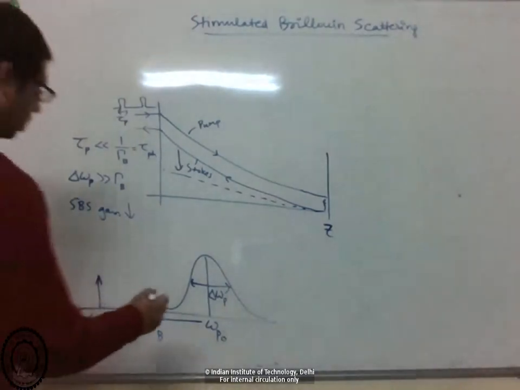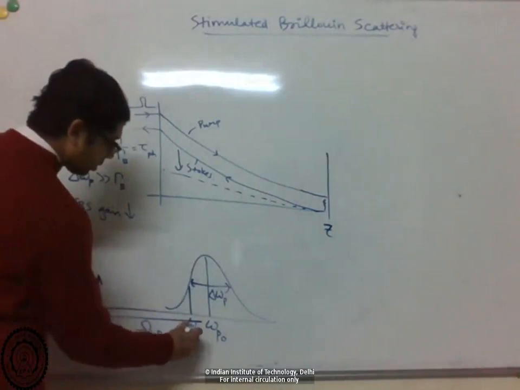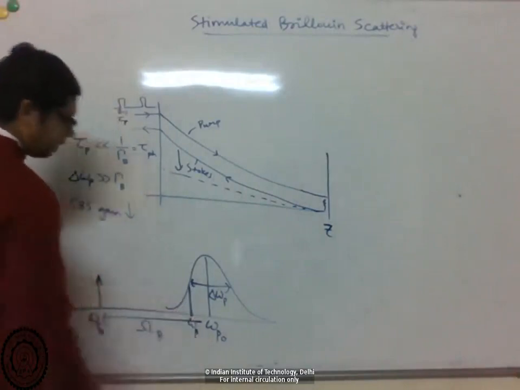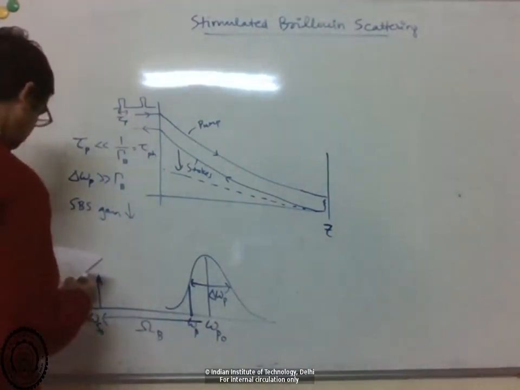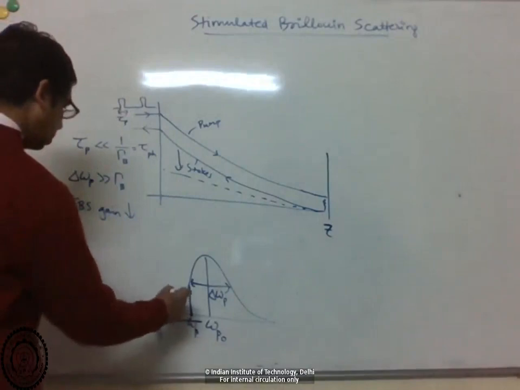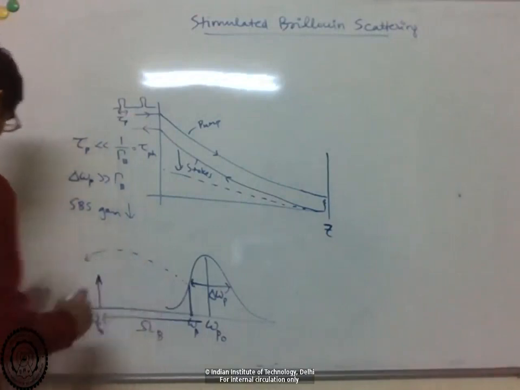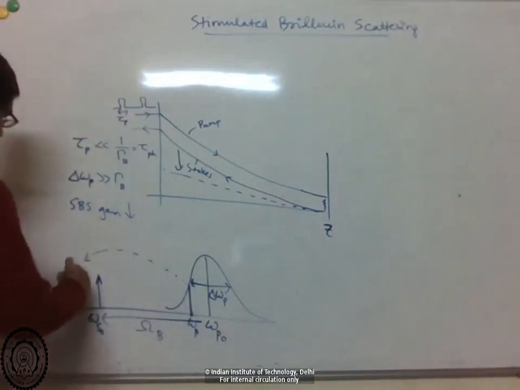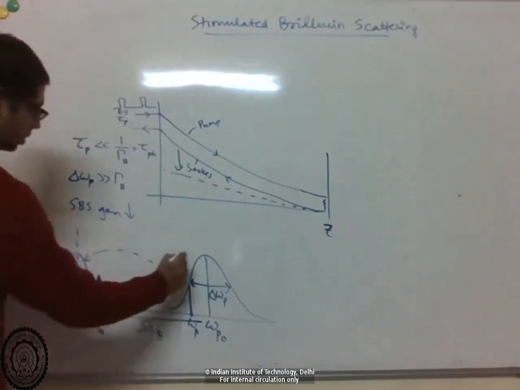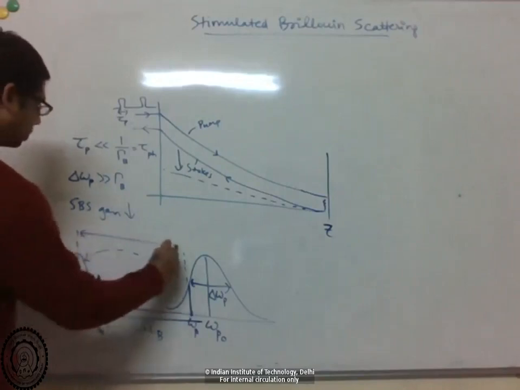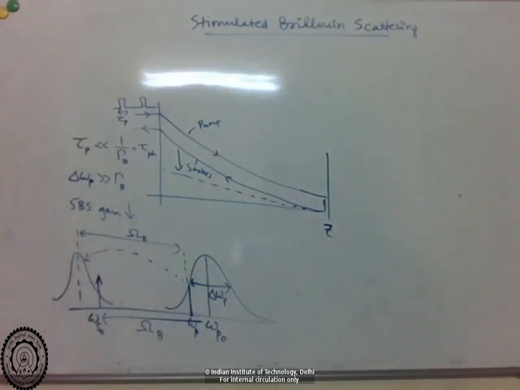Right. So, for example, let's look at a particular frequency here, omega p. So, what will this do? Right. So, this will cause its Brillouin scattering at omega b down from this pump frequency, right?